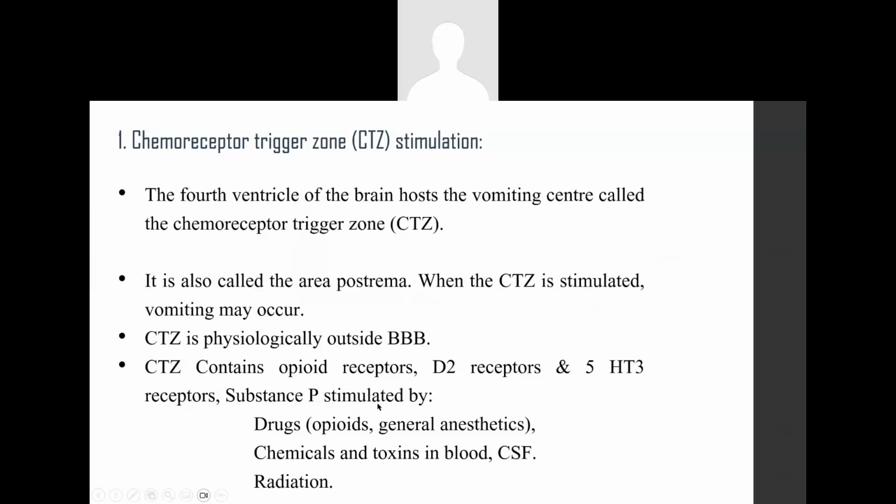So we have drugs that induce nausea and vomiting. According to this, opioids or general anesthesia may induce nausea and vomiting.